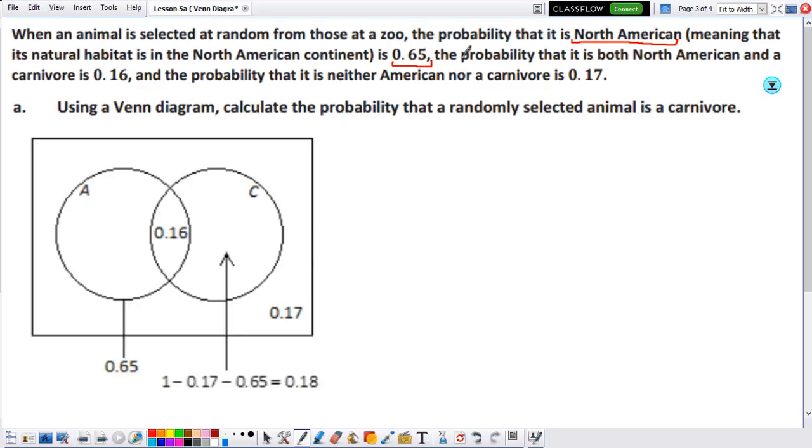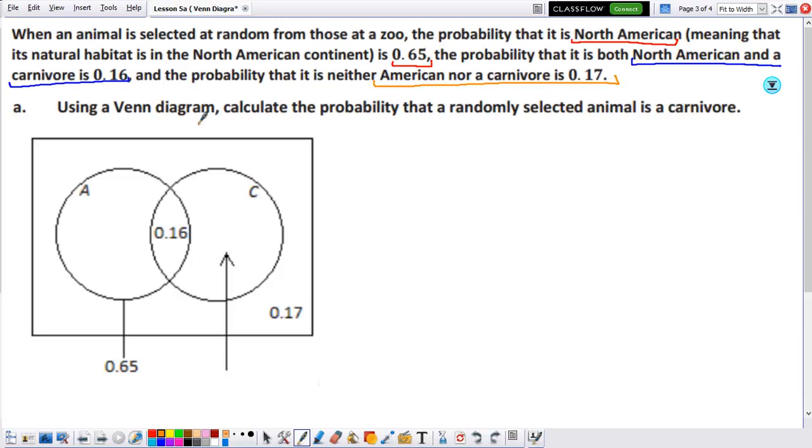Let's keep reading. Now the probability that it is both North American and carnivore is 0.16. And the probability that it's neither North American nor carnivore is 0.17.